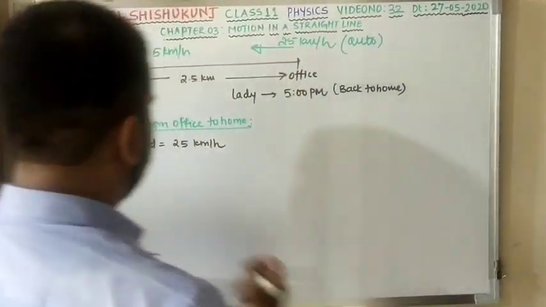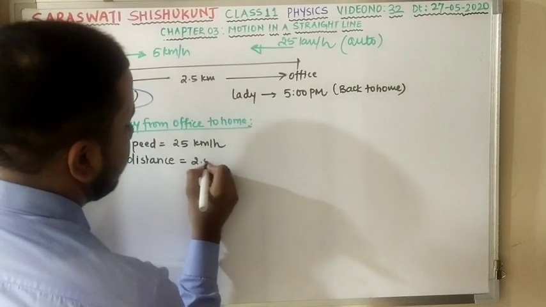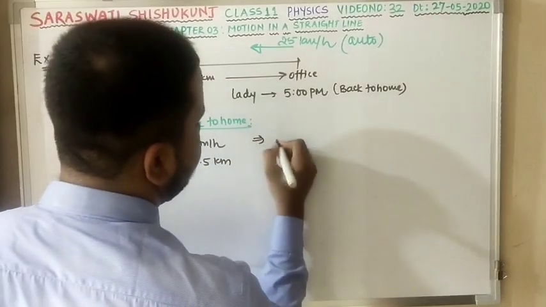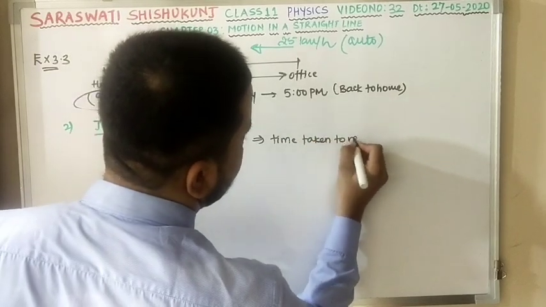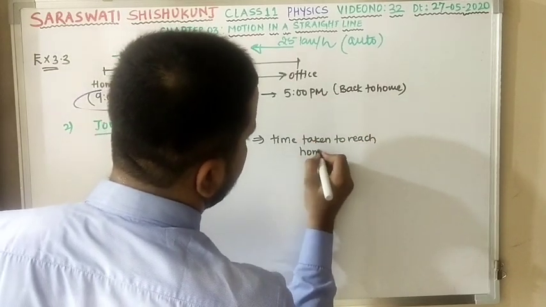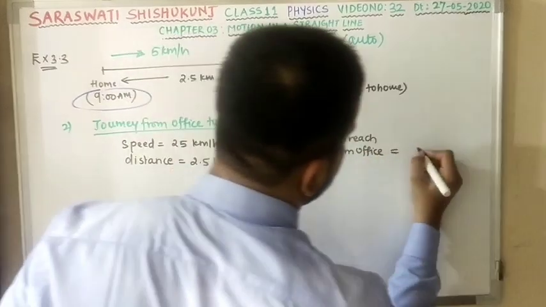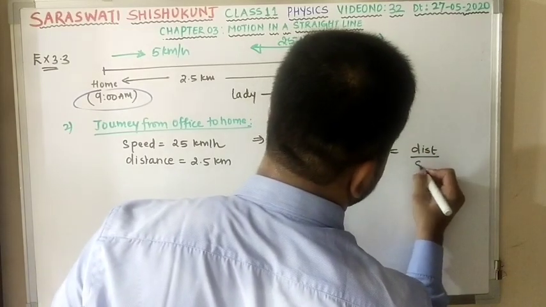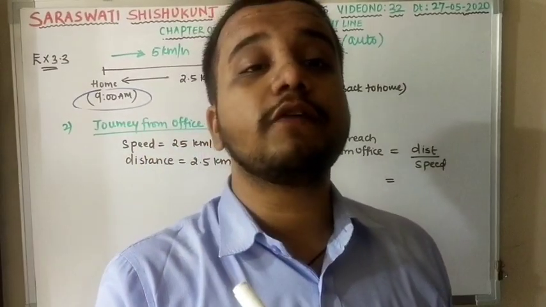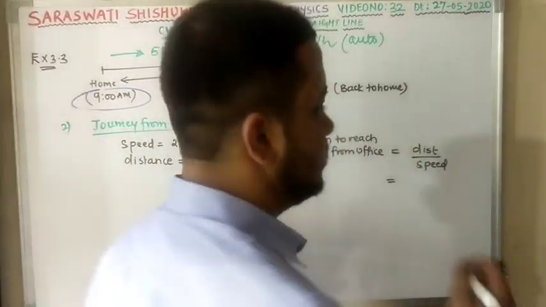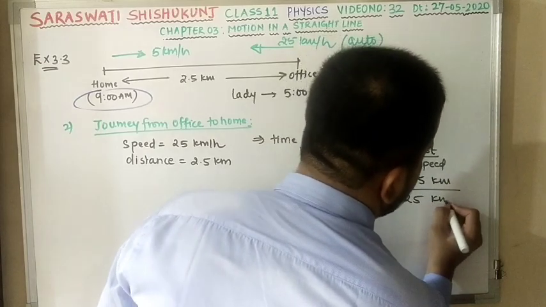So the time taken to reach home from office is equal to distance upon speed. The distance is 2.5 kilometers, and the speed is 25 kilometers per hour.